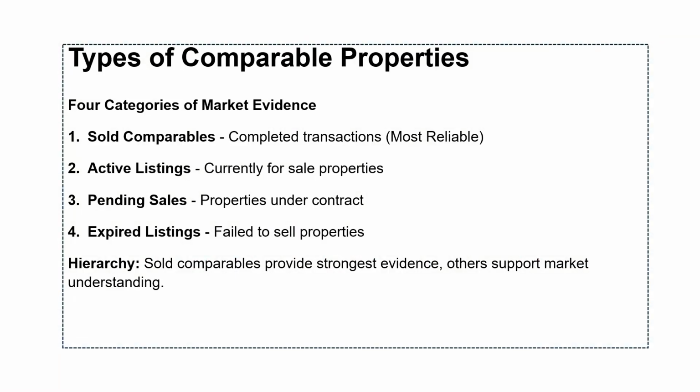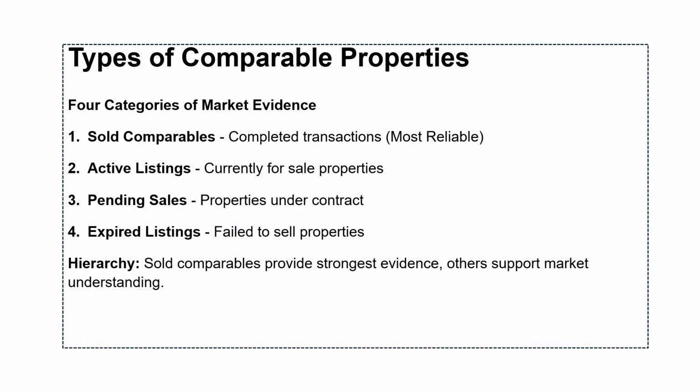Then we have active listings, for example, on online portals. People do put up advertisements for selling their units or maybe for renting them out. So there are these active listings which are available. Then we have pending sales, some sales which have not taken place but are in process.